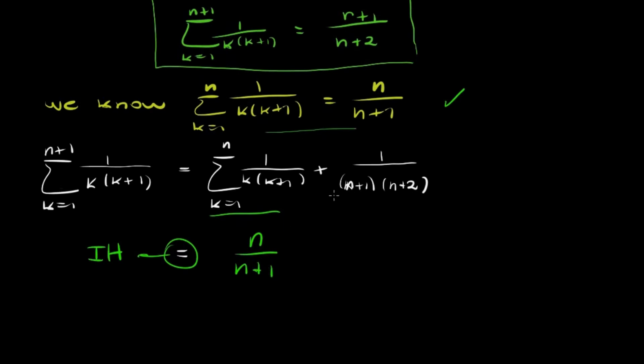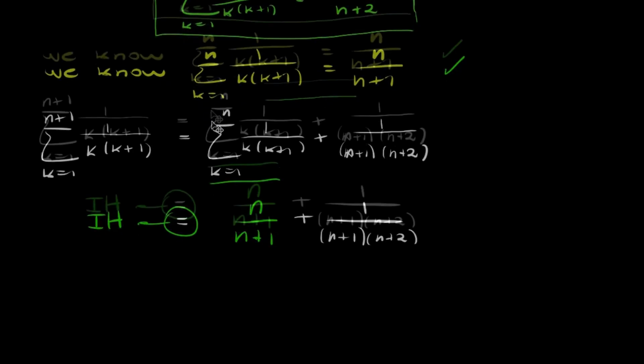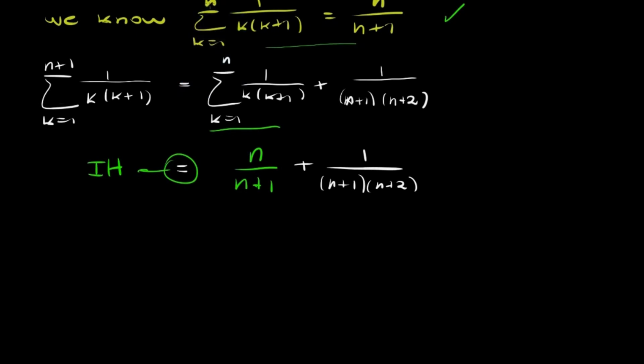Okay, we have that. It's something we know, and now we have to add this other part. So plus 1 over n plus 1 times n plus 2. And now it's just operations. We have all we knew in our expression. Now all we have to do is operations to try and get the result we wanted.